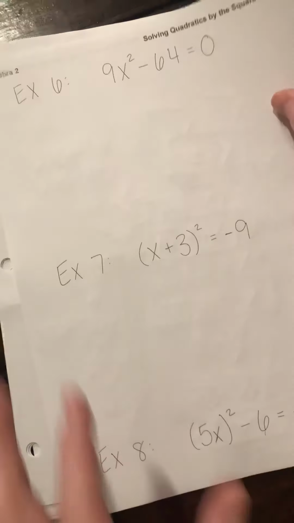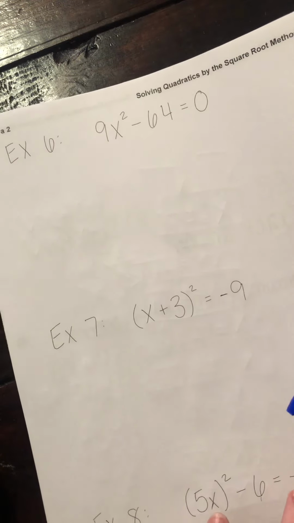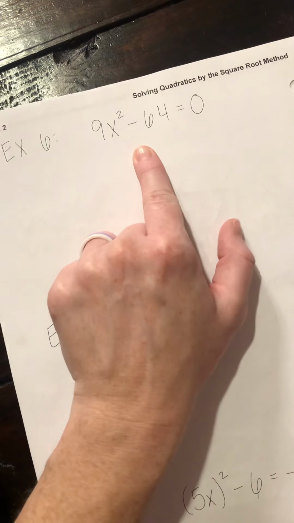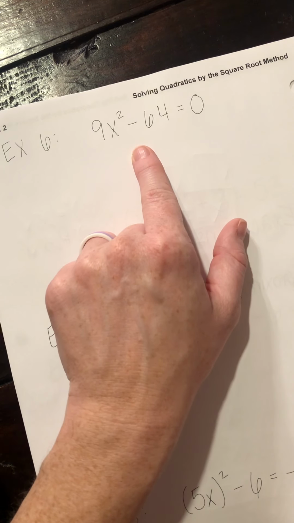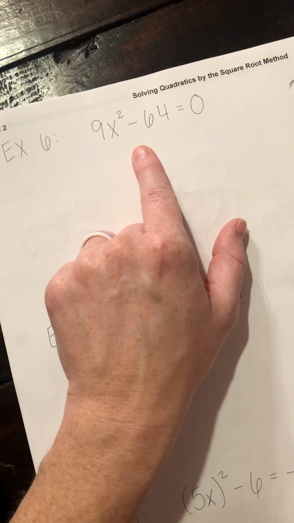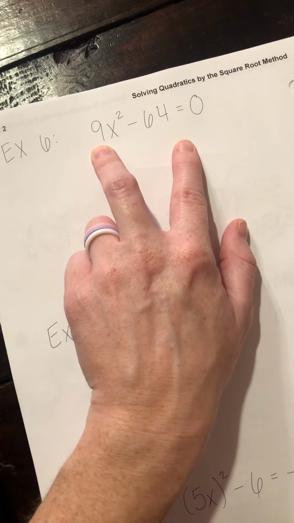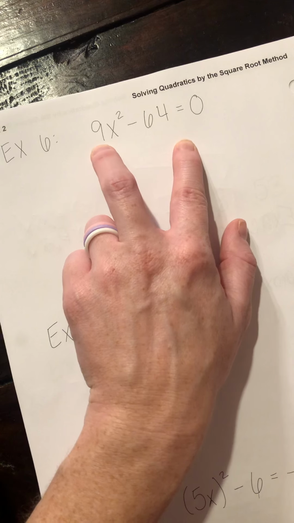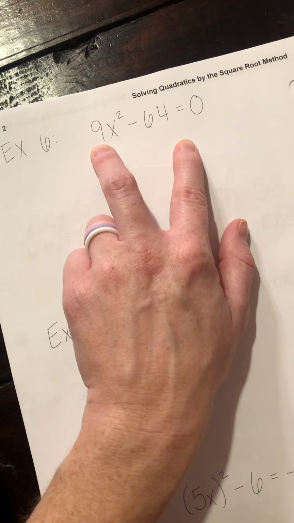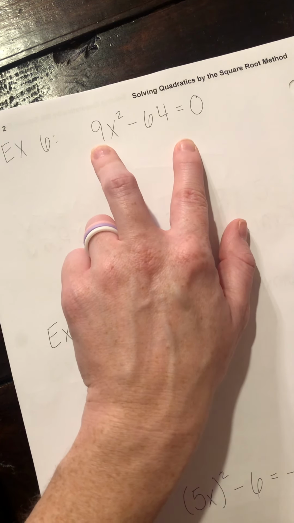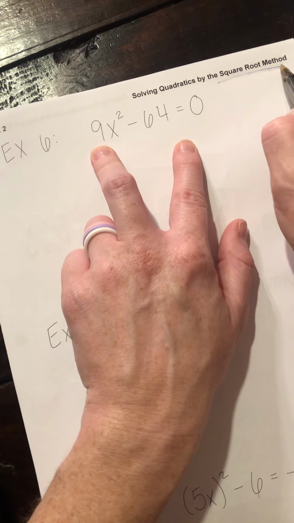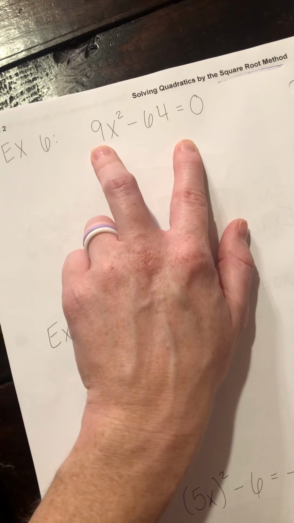All right. A couple more examples that we're going to look at together. This right here, this looks familiar. This technically is a difference of 2 perfect squares. So I could factor it with a plus in one and a minus in the other. But since we are specifically solving by the square root method, I'm going to choose that way today.